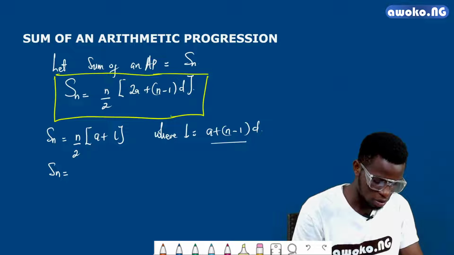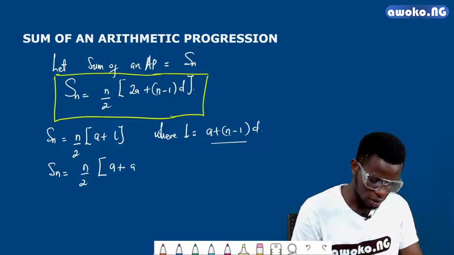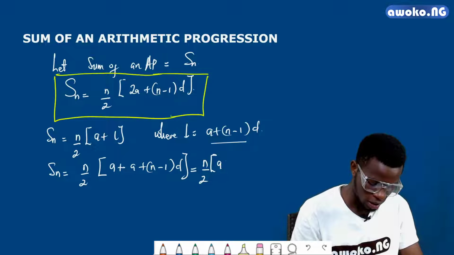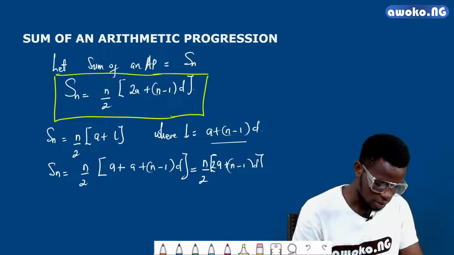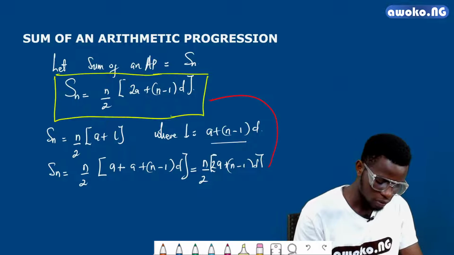We have Sn equal to n over 2 into a plus a plus (n minus 1)d. Of course, this is equal to n over 2 into 2a, because a plus a is equal to 2a, plus (n minus 1)d. And that is the same thing we have over here.